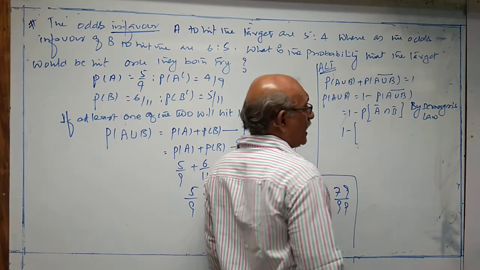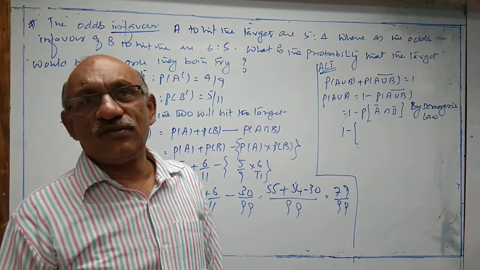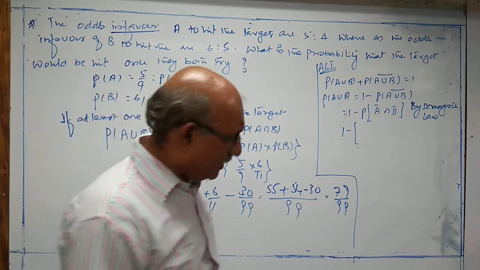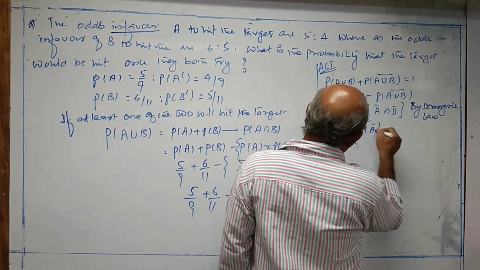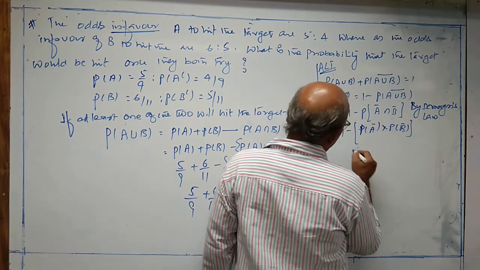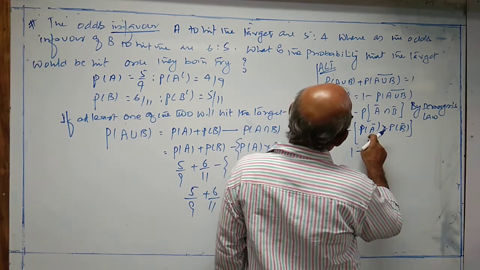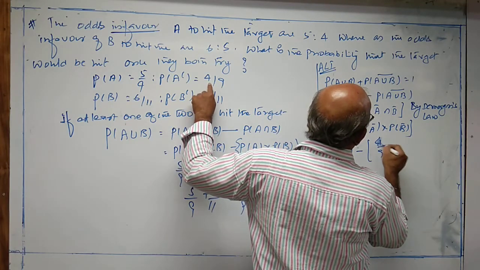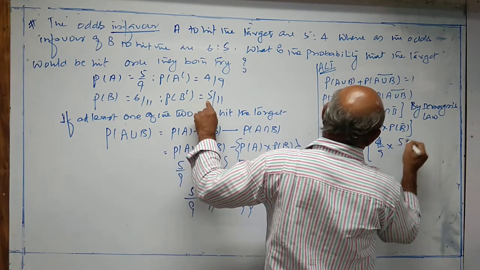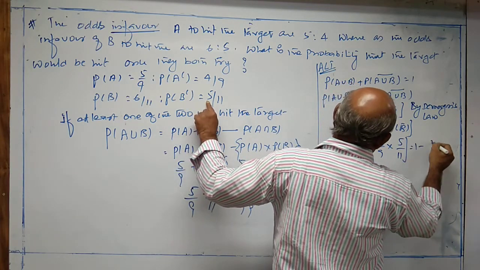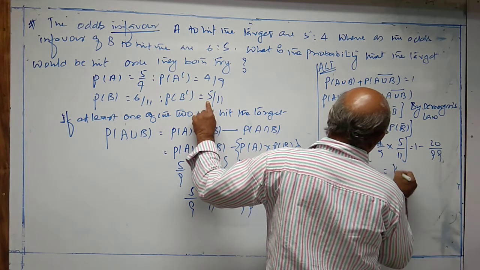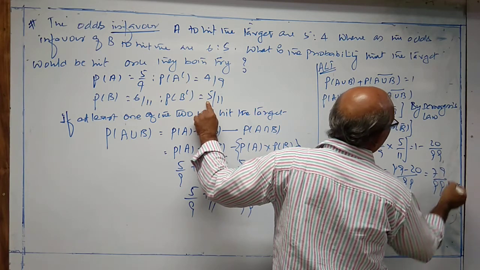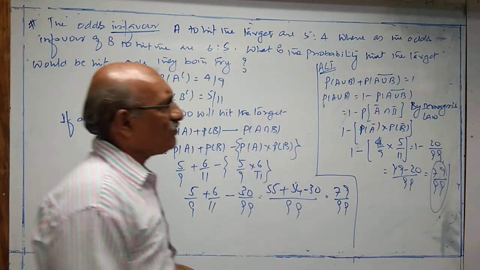When A and B are independent events, their complementary events are also independent. So 1 minus P of A complement into P of B complement. A complement is how much, sir? 4 by 9, into B complement, 5 by 11. 1 minus 20 divided by 99, that is 99 minus 20 by 99, 79 divided by 99. You will get the same answer.